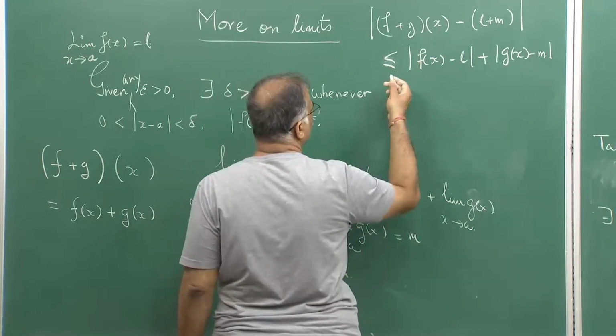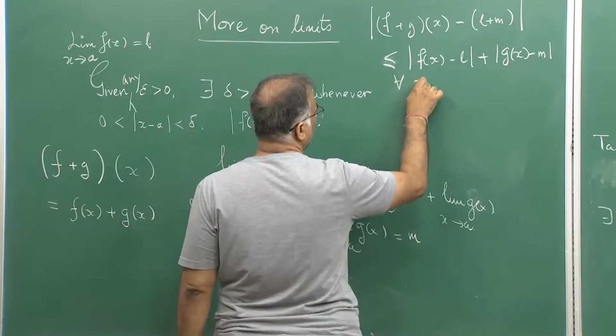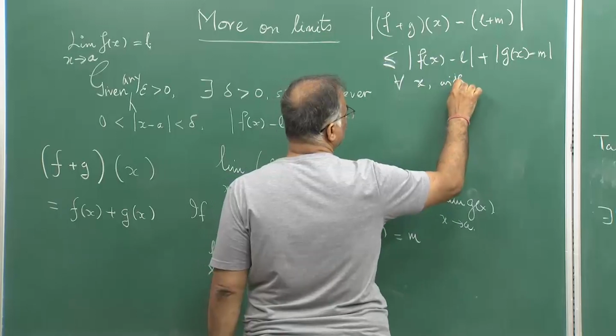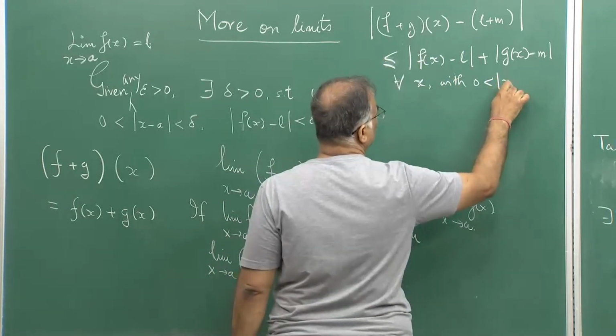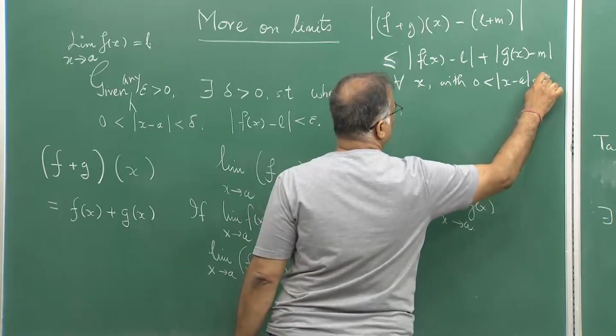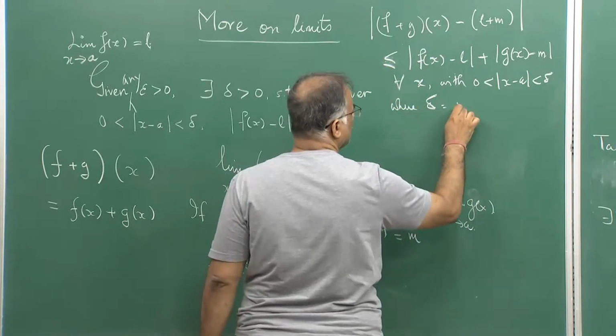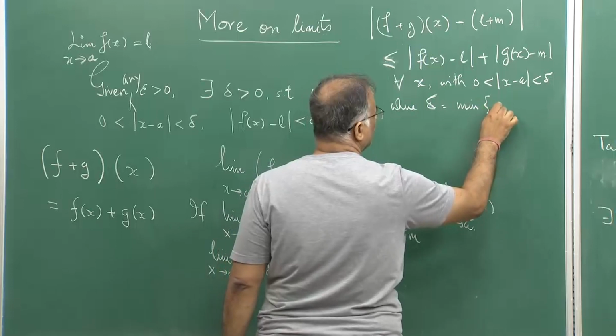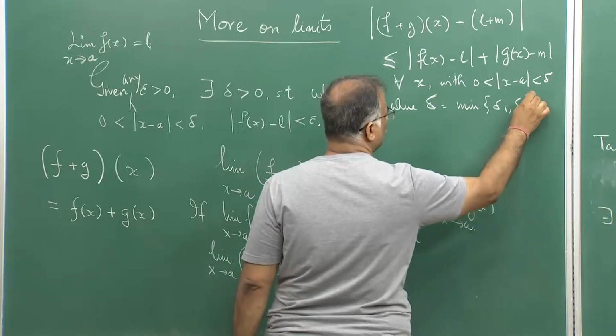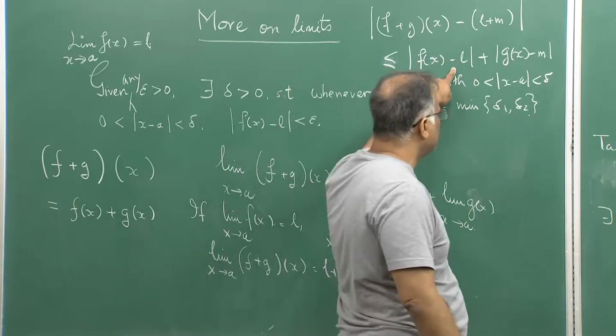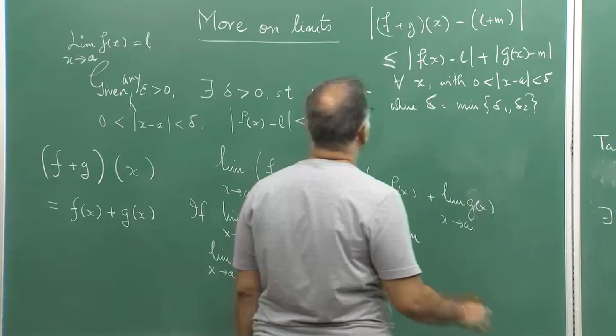So now for all x with delta, where delta is the minimum of delta 1, delta 2, I know that this is strictly less than epsilon by 2, and this is strictly less than epsilon by 2.